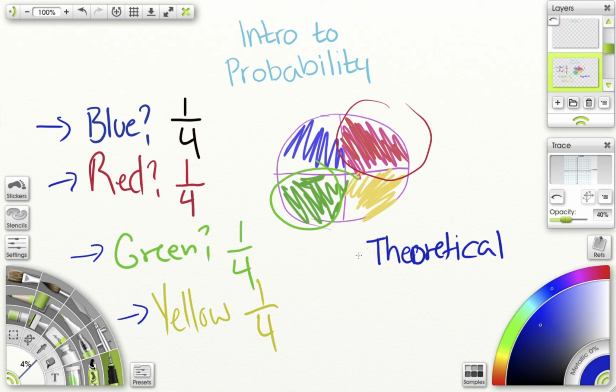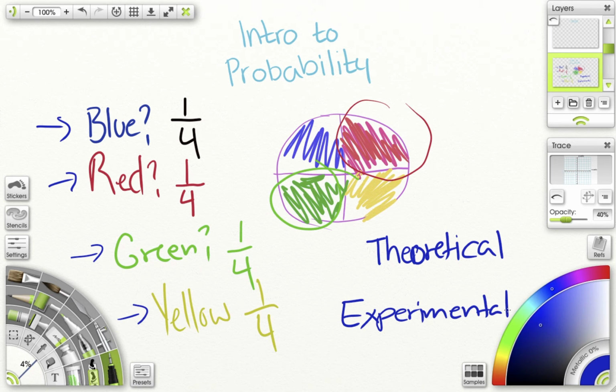And if I say, okay, we have 4 different colors, it should land on each color at least once if I spin it 4 times. It doesn't mean it actually will. So theoretical probability is basically saying it should do this, but then we have another kind of probability called experimental. Experimental probability is when we actually conduct it.